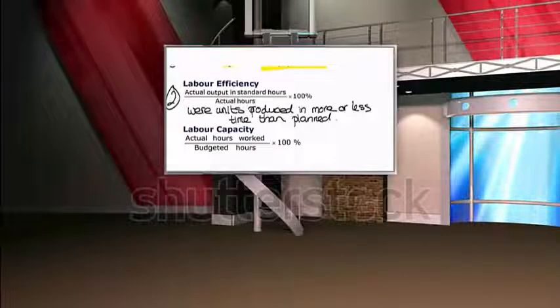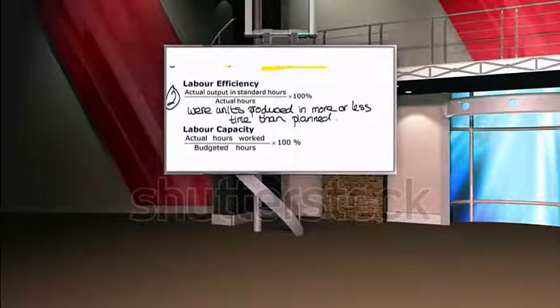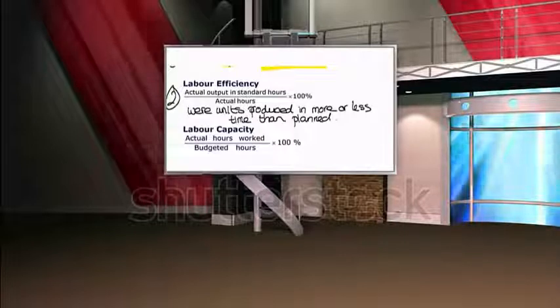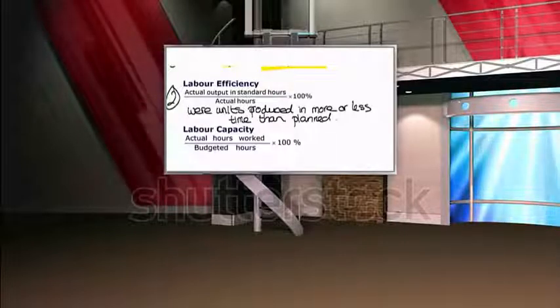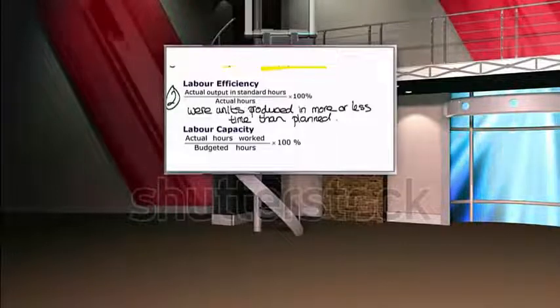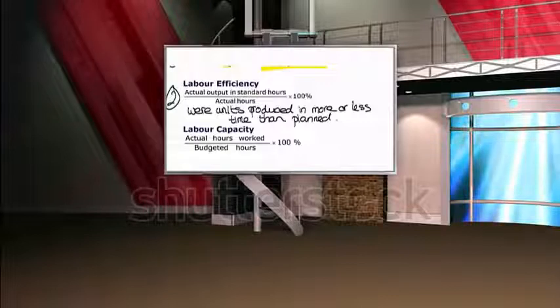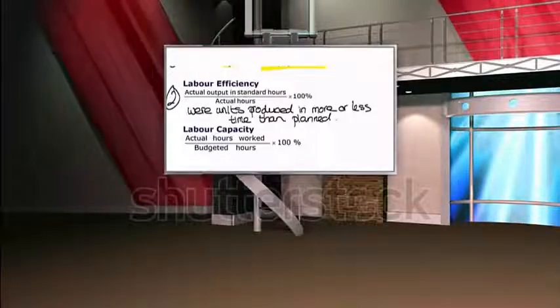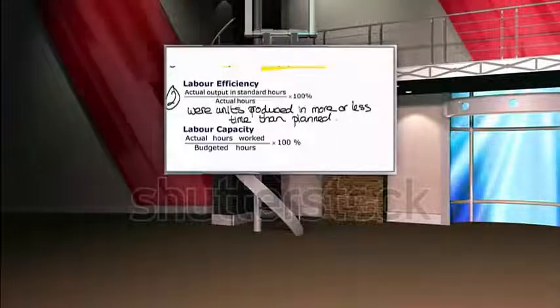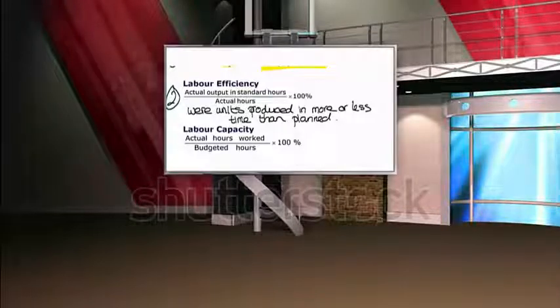So remember from our bonus calculations, we might have said at the start of the year, we expect each unit to be produced in 2 hours. So at the end of the year, we want to look at all of the units that have been produced and calculate. Has this production taken more or less time than expected? This gives us our labour efficiency ratio.